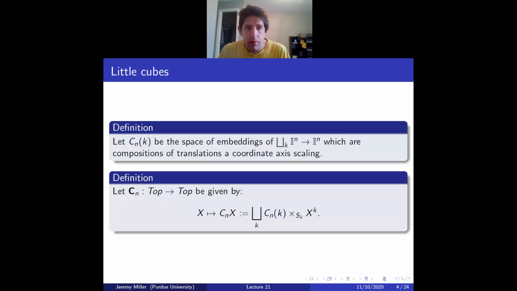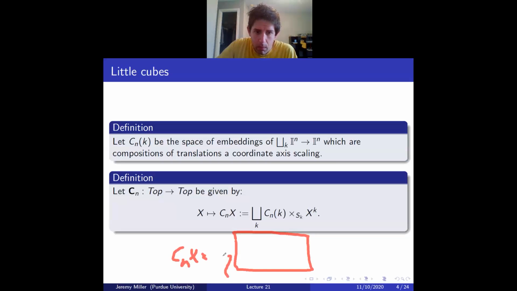Great. So given the little cubes, there's this functor which sends a space X to the space C_n X, which is the set of cubes in a cube labeled by points in X. Because these spaces assemble to form an operad, this functor has the structure of a monad.